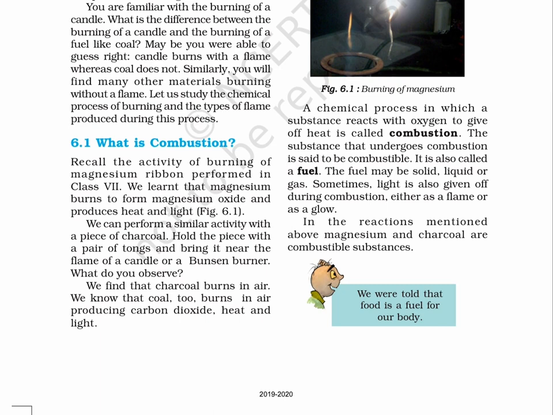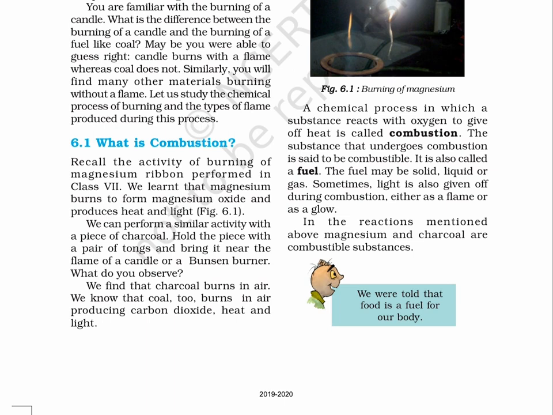6.1 What is combustion? Recall the activity of burning of magnesium ribbon performed in Class 7. We learnt that magnesium burns to form magnesium oxide and produces heat and light, as shown in Figure 6.1. We can perform a similar activity with a piece of charcoal.